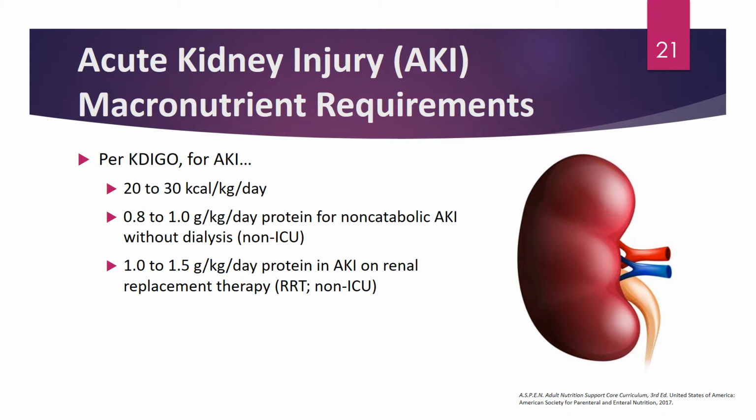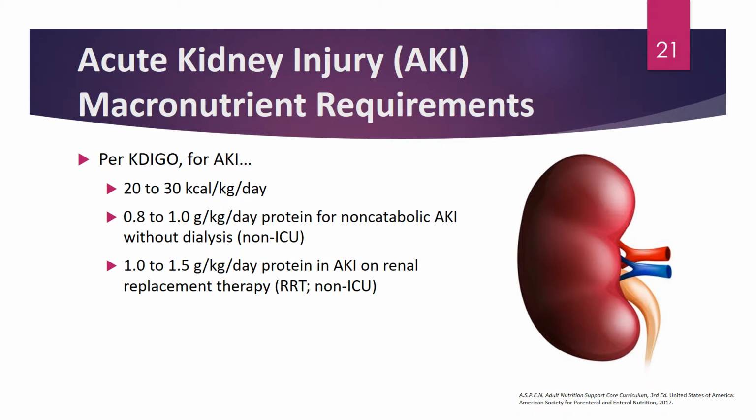Now, if your patient has AKI, acute kidney injury as defined by KDIGO guidelines, and it's non-catabolic in nature, so basically non-ICU or non-inflammatory processes going on, those patients will require 0.8 to 1.0 grams per kilo per day, basically around the same as a normal patient, in the event that they're not getting dialysis.